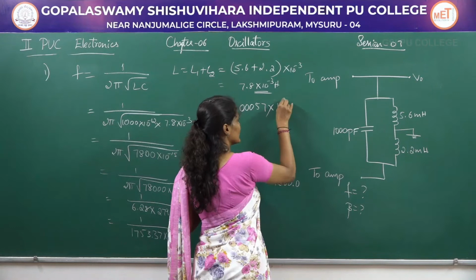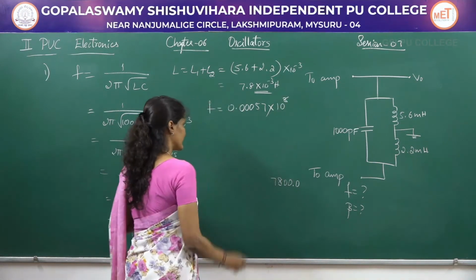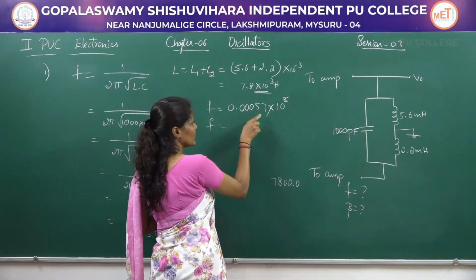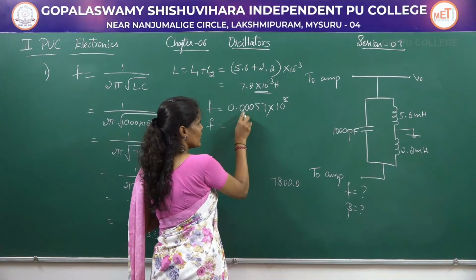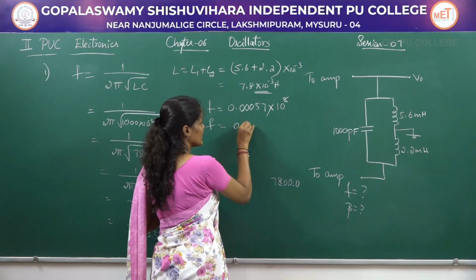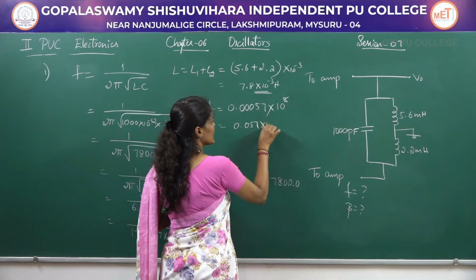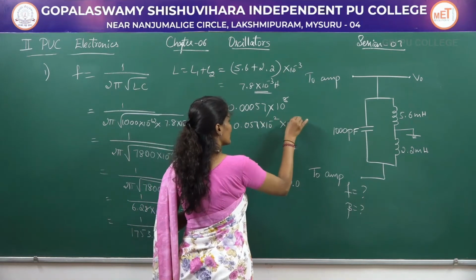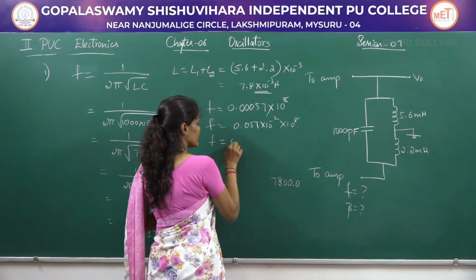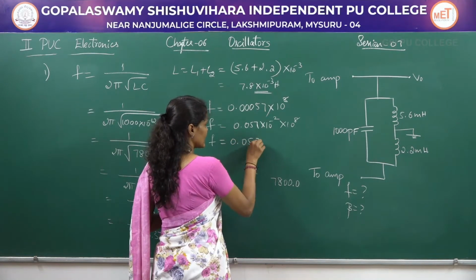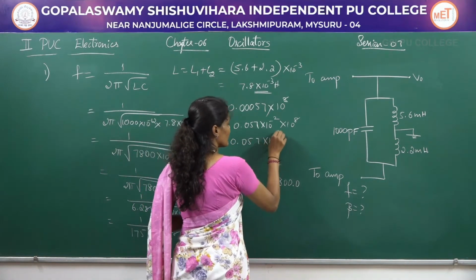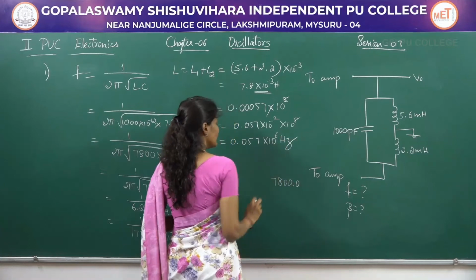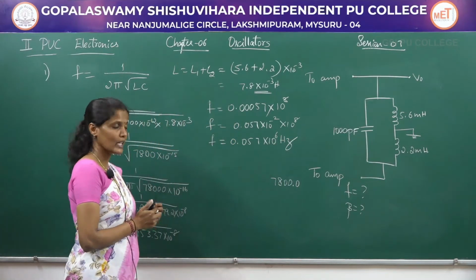When it goes to the numerator, it becomes 10 to the power of plus 8. So let me shift this point towards the right by two places: 0.057 into 10 to the power of minus 2 into 10 to the power of minus 8. So f is equal to 0.057 into 10 to the power of 6 hertz, or 0.057 megahertz.